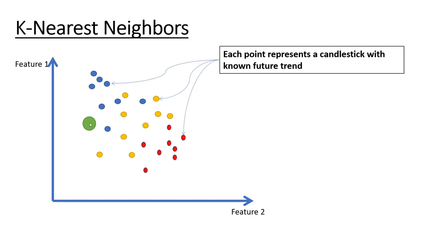So you will assign this new candlestick to the group of blue candlesticks, meaning the group of candlesticks after which you have an uptrend. As you can see, it's a model that will depend on your k number. If you specify k equal 5 or 100 or 50, it might not always give you the same result. But this is a normal part of machine learning models. You need to optimize these in order to get the best possible results.